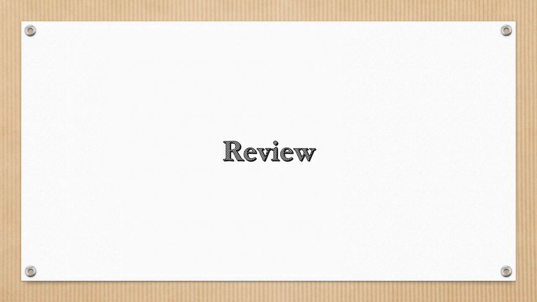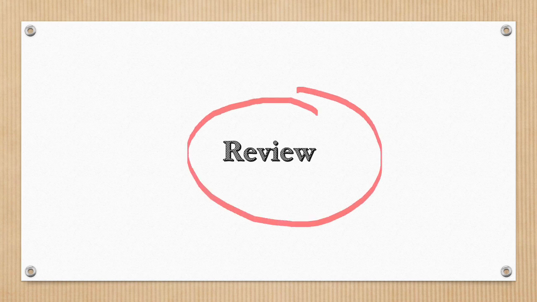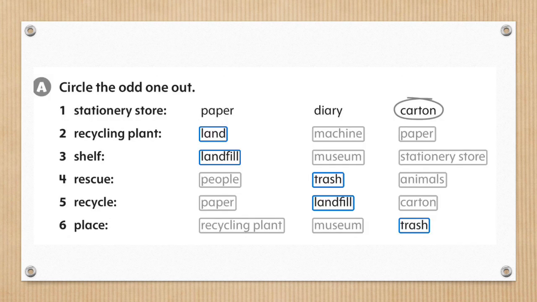Okay, students, we have finished all of the activities that we need to do today for the new vocabulary of Unit 12. Let us start with the review. The review for activity A. Number 2, the odd word out for recycling plant was land.